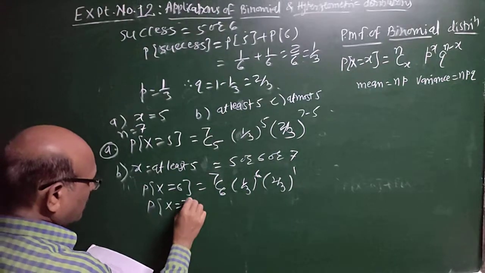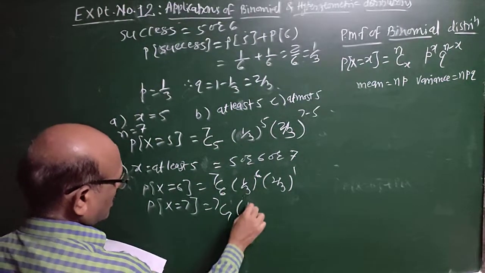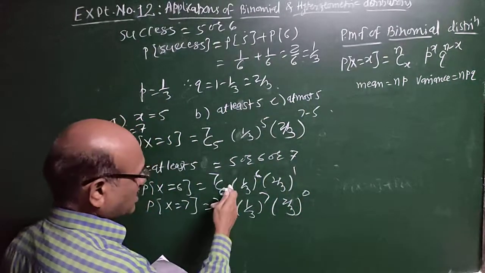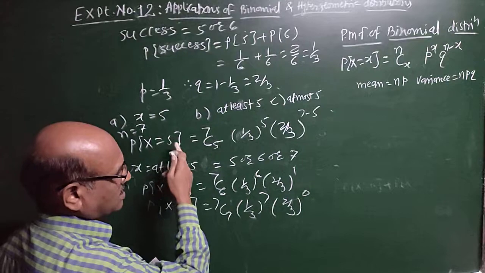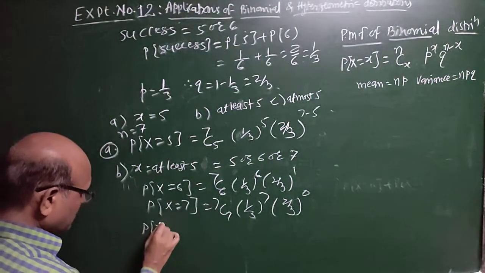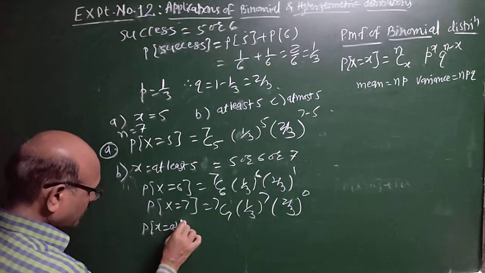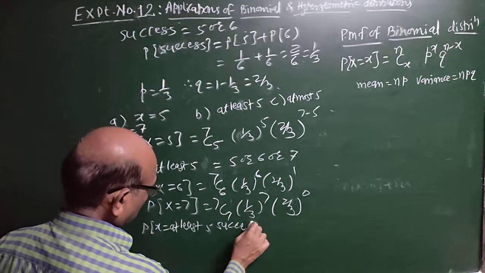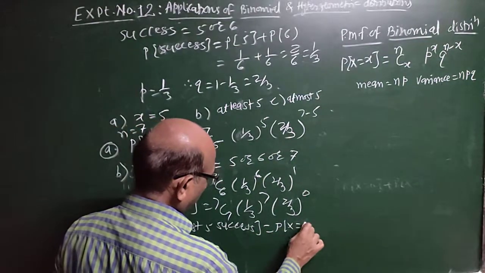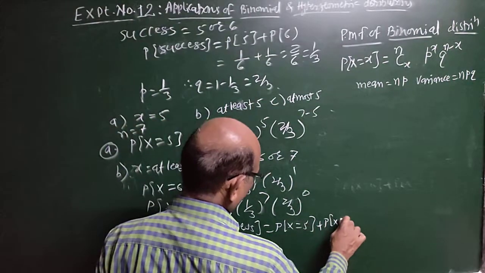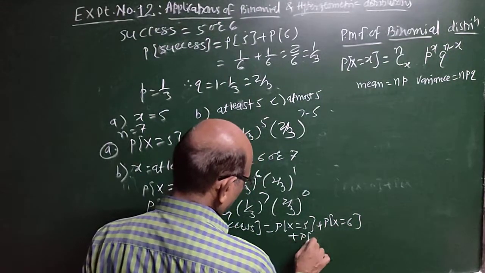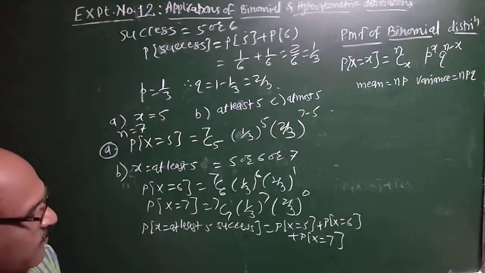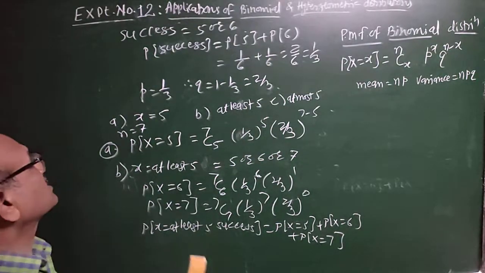Probability X equal to 7, that is 7C7, 1/3 raised to 7, 2/3 raised to 0. And get these values 1, 2, and this is the 3. So therefore probability X is at least 5 success is probability X equal to 5 plus probability X equal to 6 plus probability X equal to 7. That way you have to obtain the values of at least 5 successes.